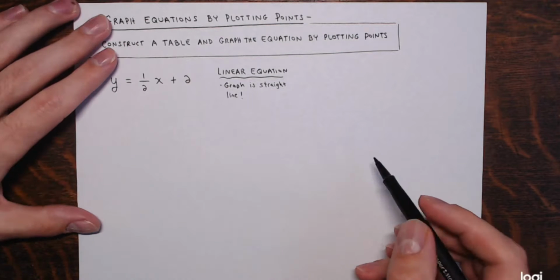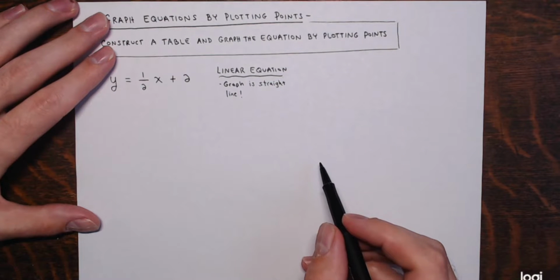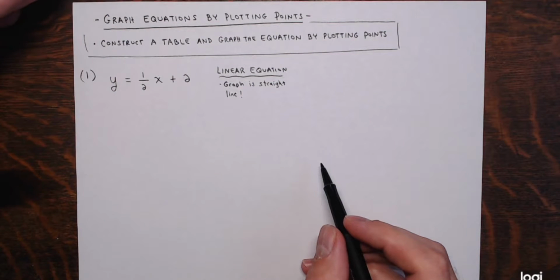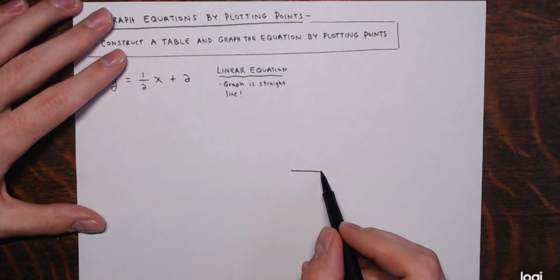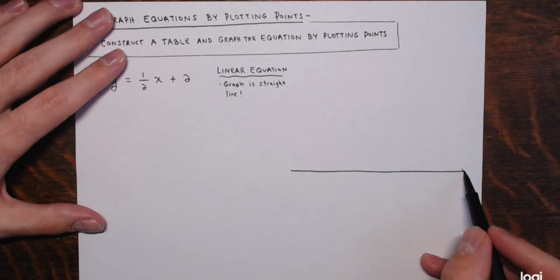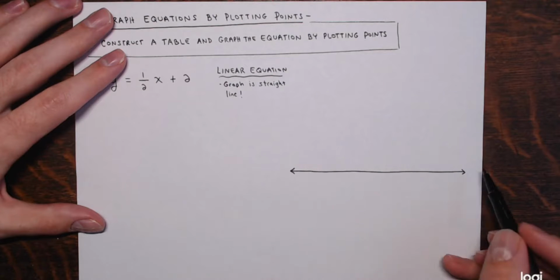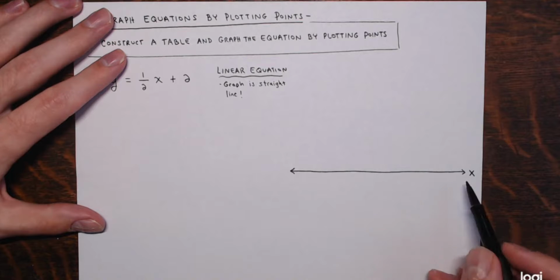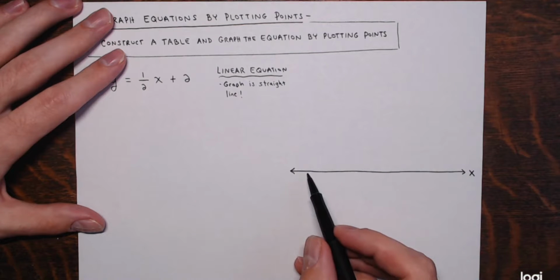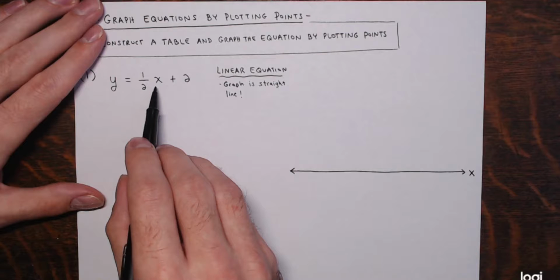Alright, so off to the right side, I'm going to make a rough hand drawing. Now, if you have graph paper, that would be wonderful. But I'm going to make a rough hand sketch of the XY coordinate plane. So you have a horizontal number line, or the x-axis. These numbers are the possible values of x in the equation.